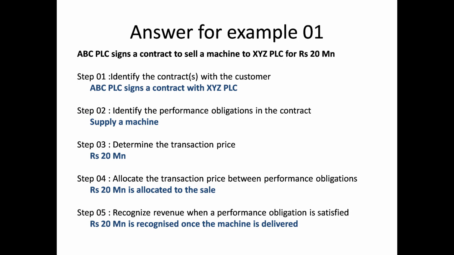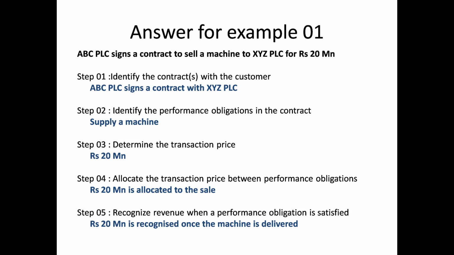Step 4. Allocate the transaction price between performance obligations. In this example, we have only one performance obligation. That's the supply of this machine. Therefore, the allocation has to be done like this.